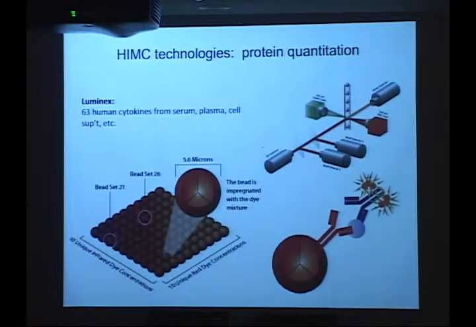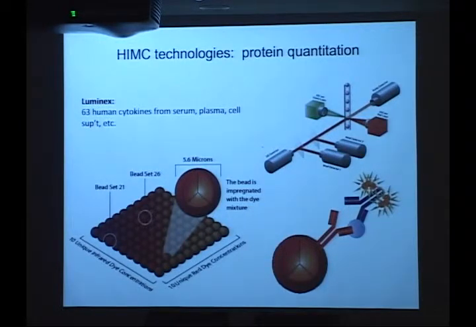They're impregnated with 2 different colored dyes in combinations, such that each individual bead in this array has a different specific color address, or different combination level of these 2 dyes, that allows the software to identify it as having a particular marker or a capture antibody associated with it.